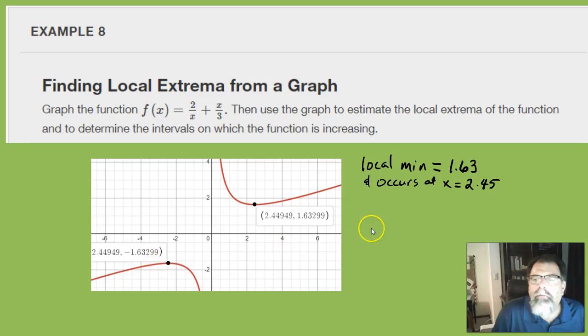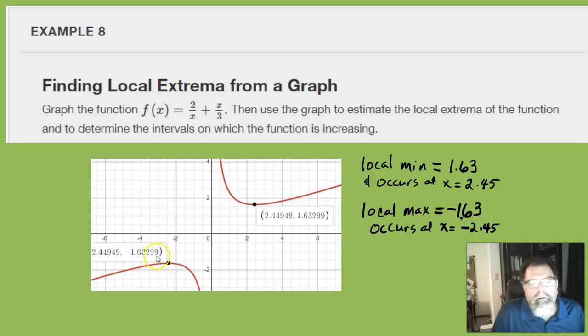And then we have a local maximum is equal to negative 1.63, and occurs at x equals, okay, I chopped it off, but that's obviously negative 2.45. Okay? So again, I encourage you to use that.